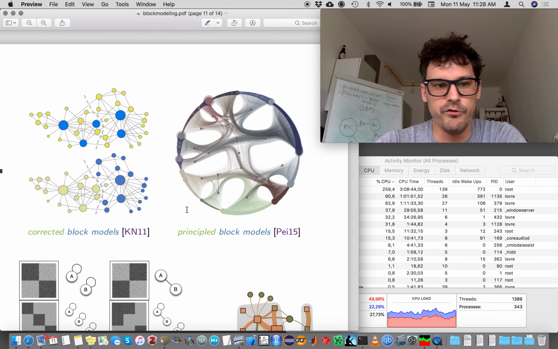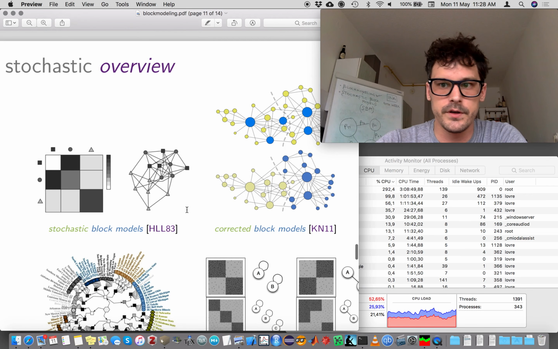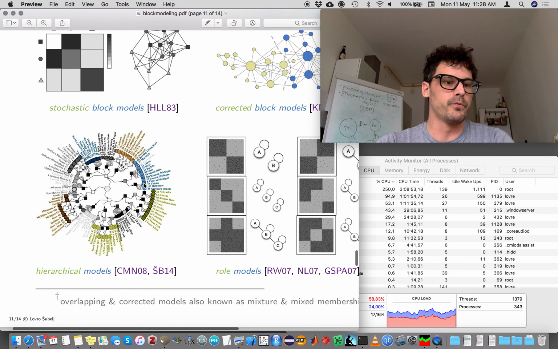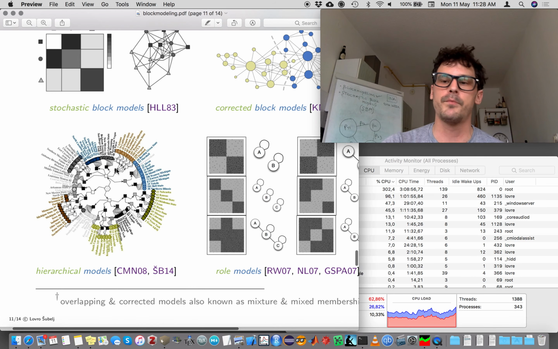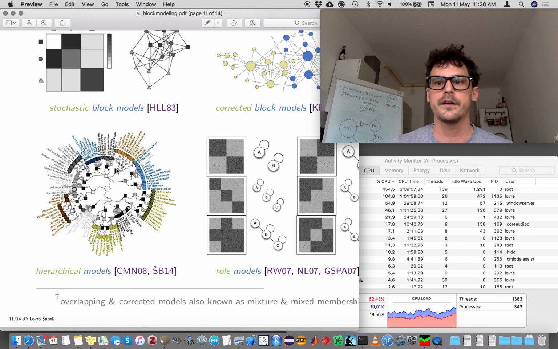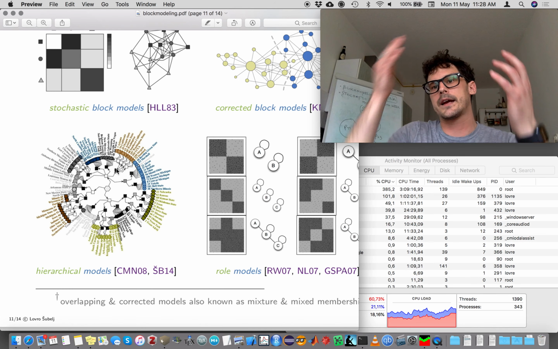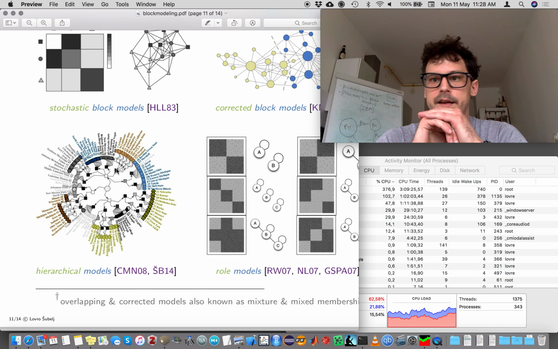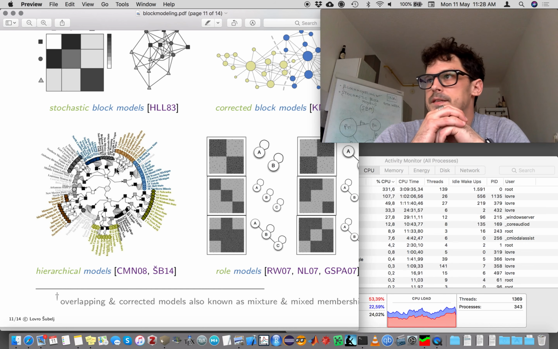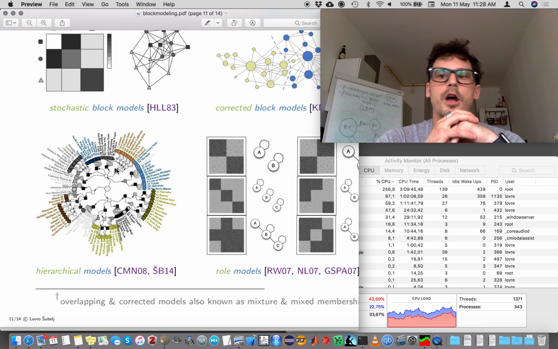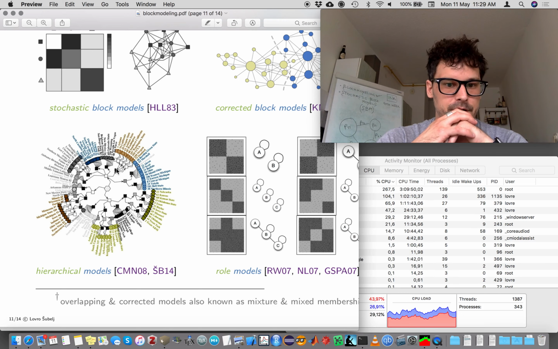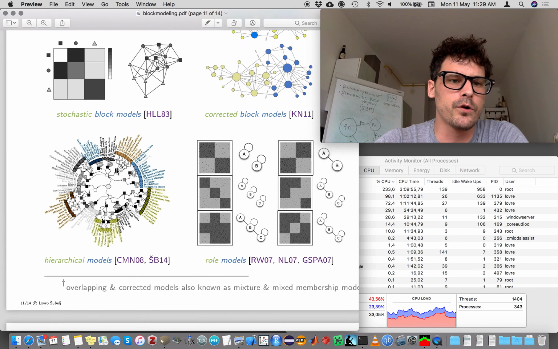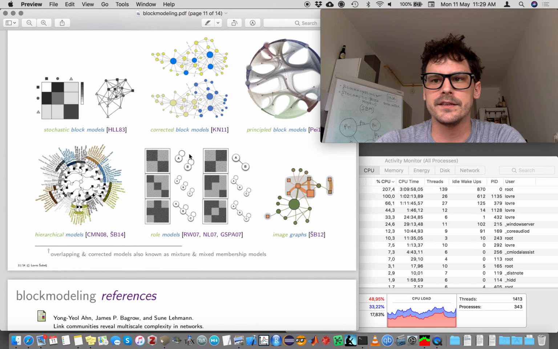If we move on, we also mentioned some hierarchical models that infer the entire hierarchy of the network, and then you can cut that hierarchy at some level to get some desirable number of groups. And I only want to mention two other terms.